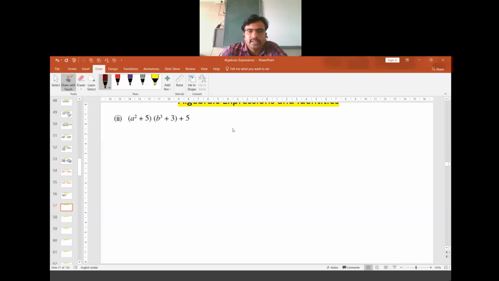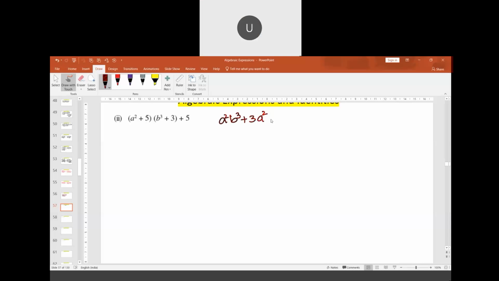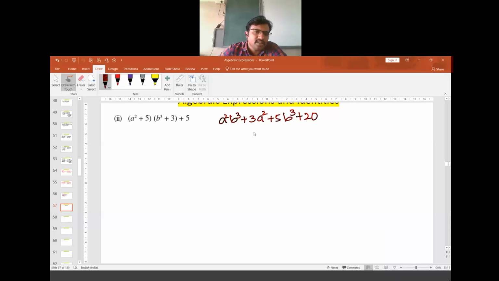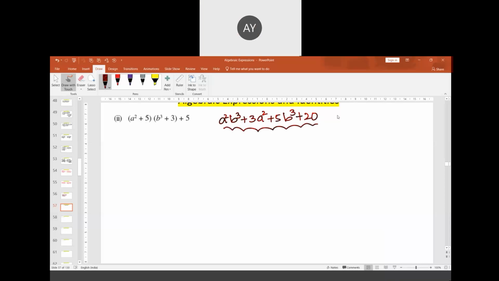We get a square b cube plus 3a square plus 5b cube plus 15 plus 20. The final answer we get is plus 20. Hope all of you have got this.